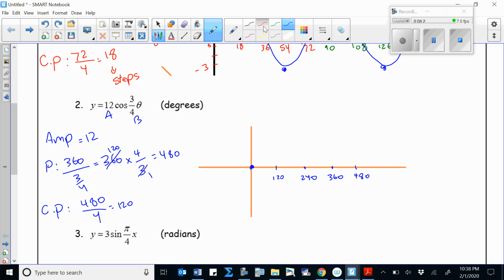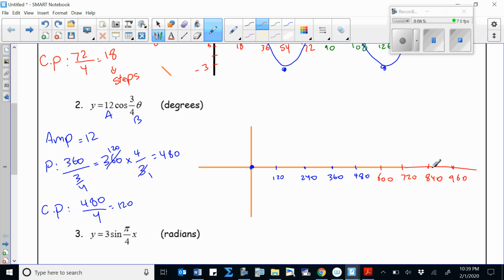Now the second period, I'm going to draw that with another color. Again, we're going to add 120. So this will be 600, plus 120 will be 720, plus 120 will be 840, and then another 120 to this will be 960.